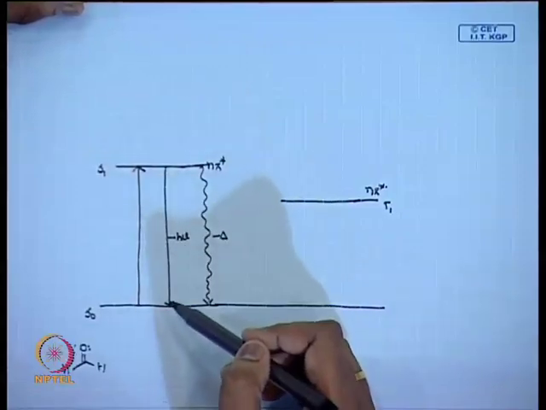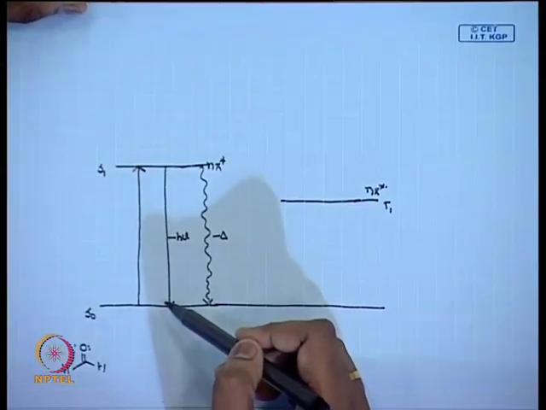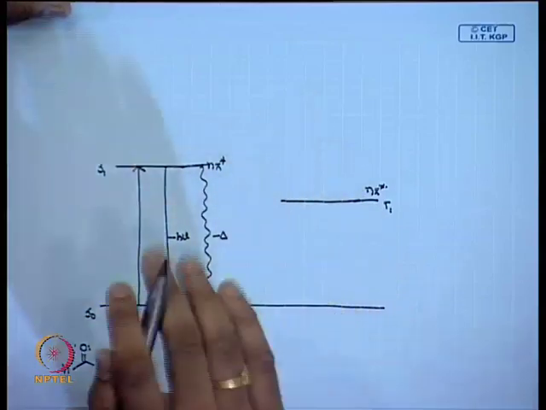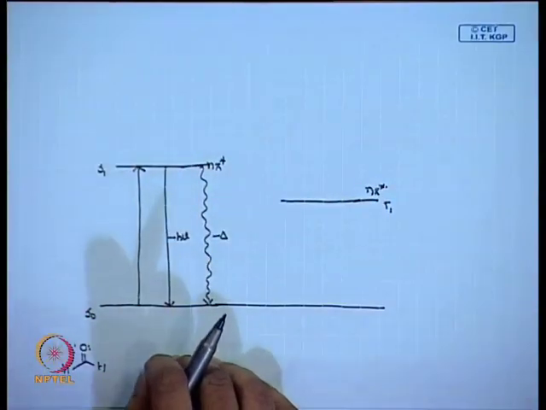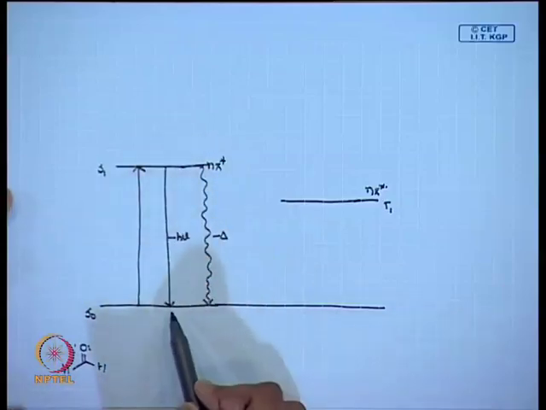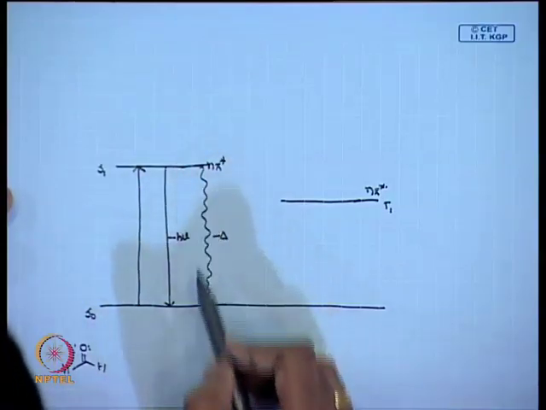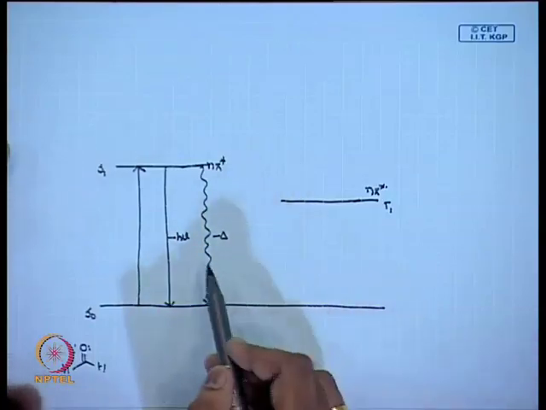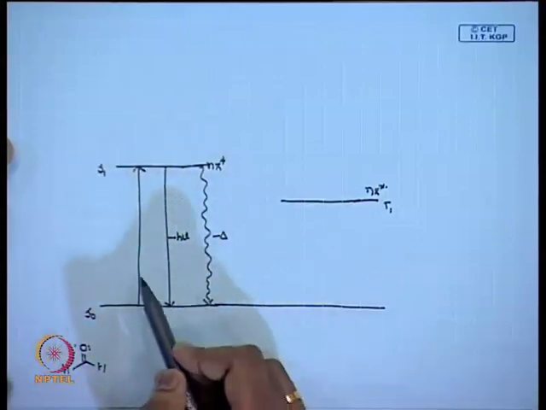When it comes down by giving out light, you call that a fluorescent process, which we know. We will get into that a little bit later. The other thing it can do is come down to its S0 state by a non-radiative process. This is how it can come to S0.